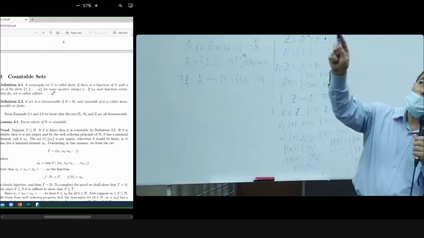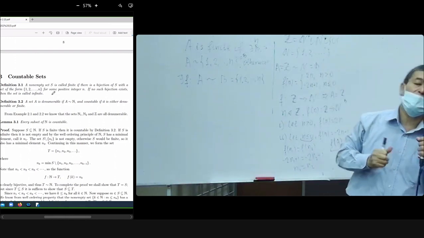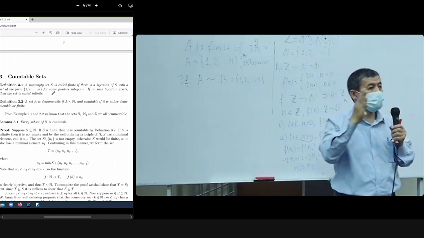Okay, that is finite. If no such bijection exists, then the set is called an infinite set. So there is a finite set and there is an infinite set.